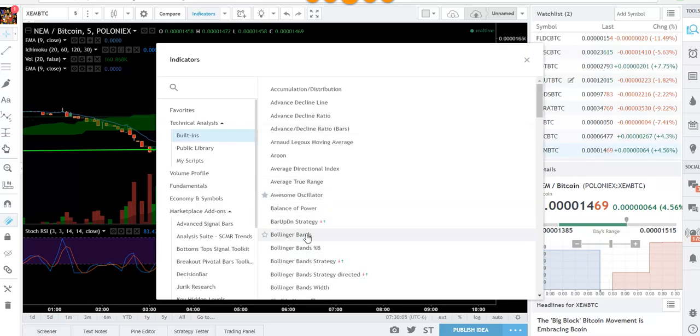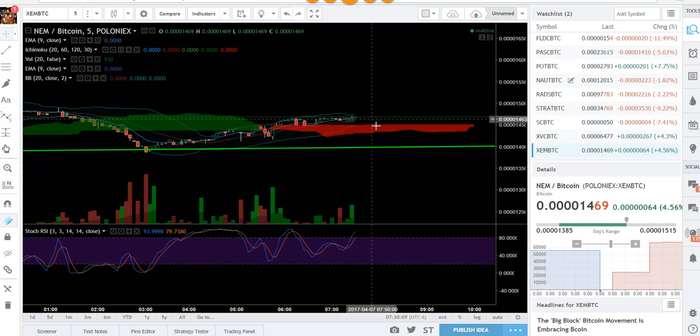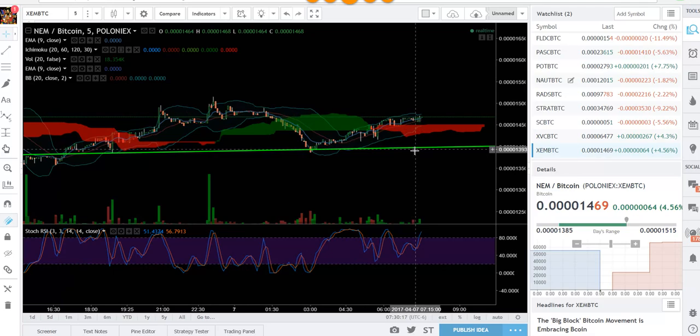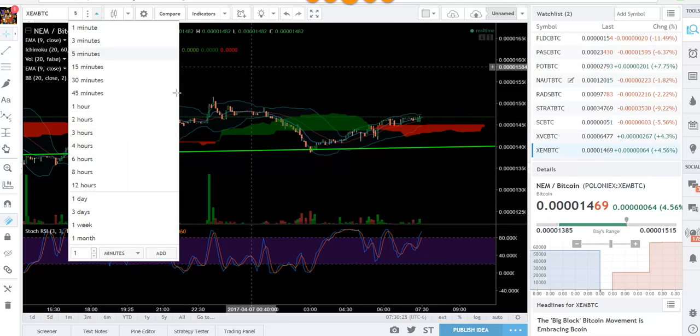It's not an oscillating indicator, but it's another factor. When those bands squeeze in and then separate out, it's kind of your indication that there's a move happening. These things will tighten up in different time frames too.